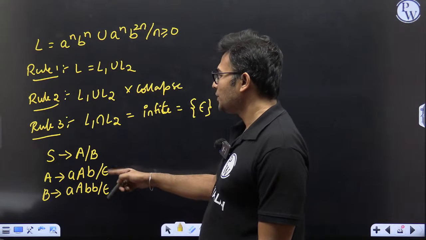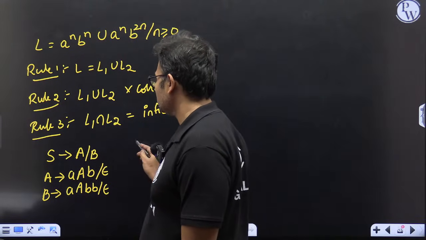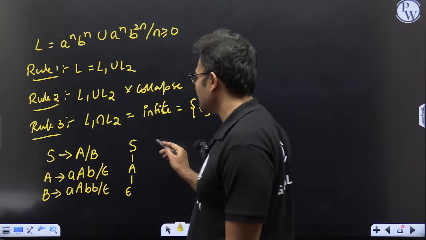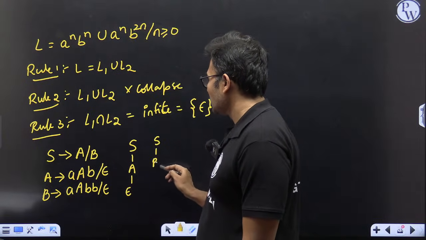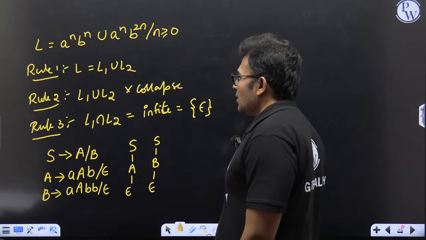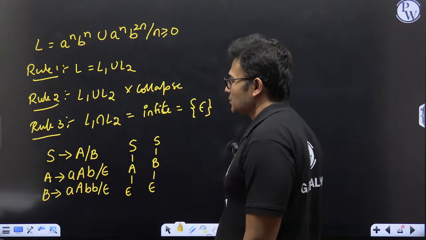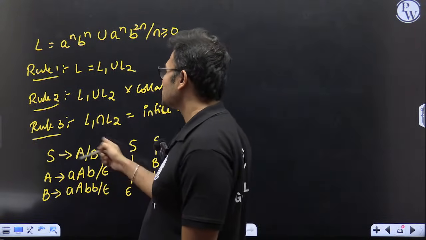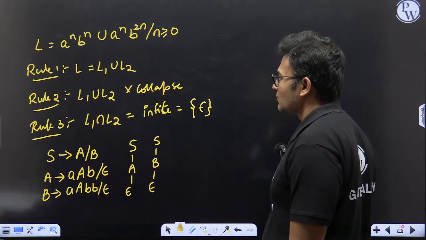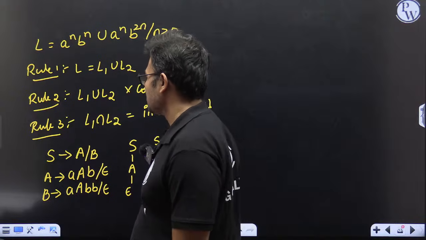Now, what is the intersection between A and B? It is epsilon, which means I can generate epsilon like this, or I can generate epsilon like this. So you may say that the language is ambiguous. But can you give an unambiguous grammar for this?